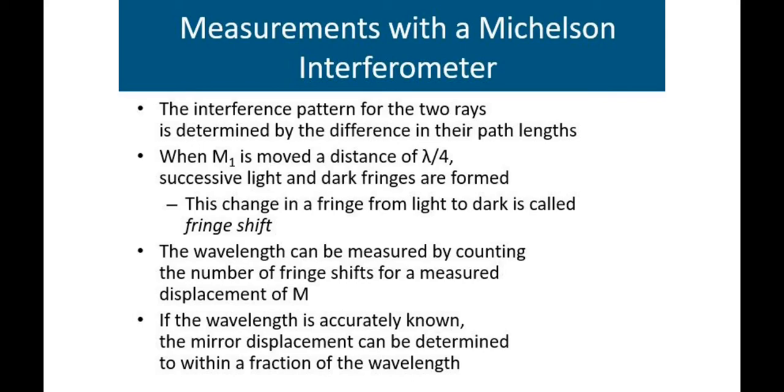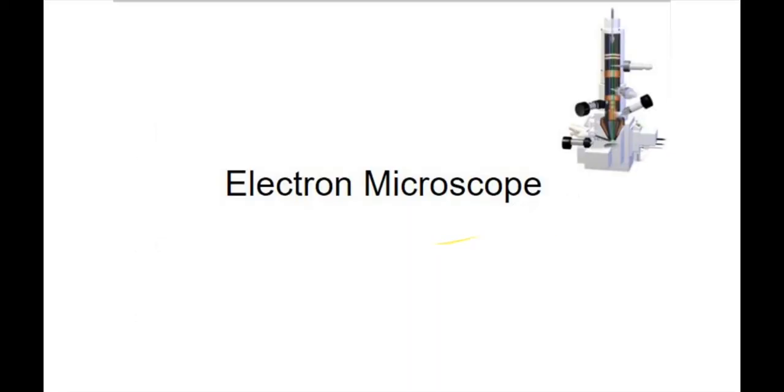When one mirror is moved by a distance of lambda divided by 4, we have a change from constructive interference to destructive interference. Instead of higher intensity, we have zero intensity, and this is called fringe shift.